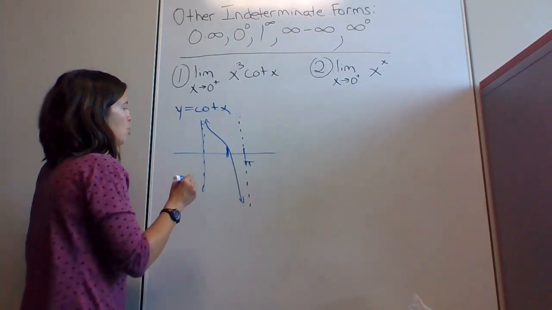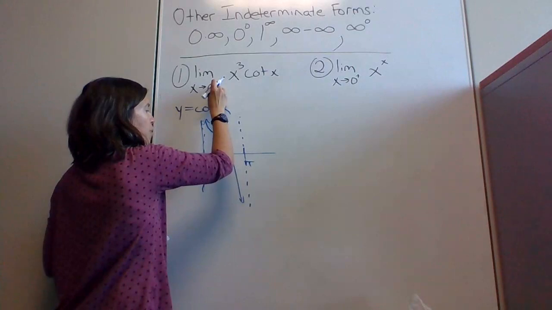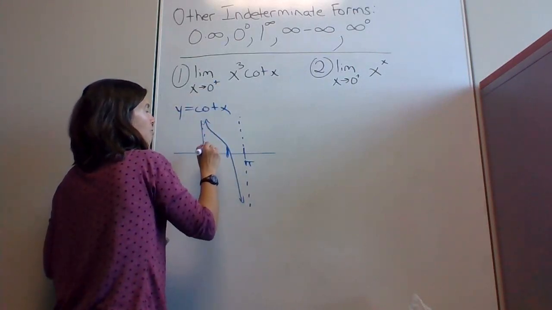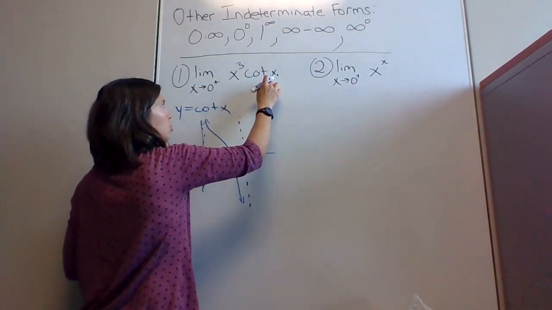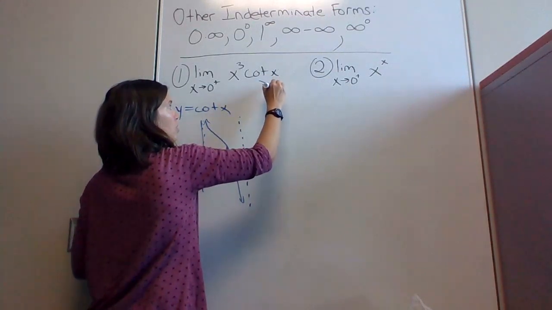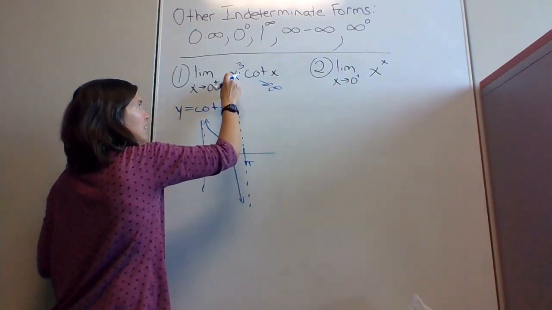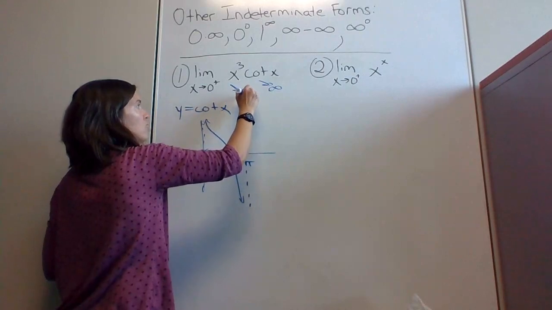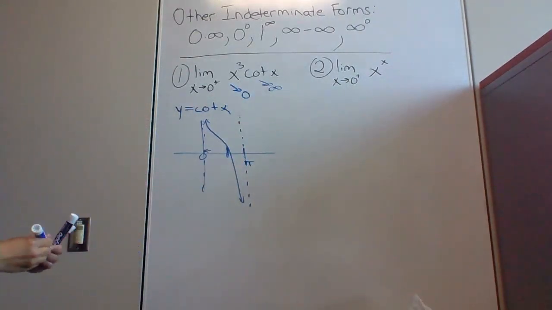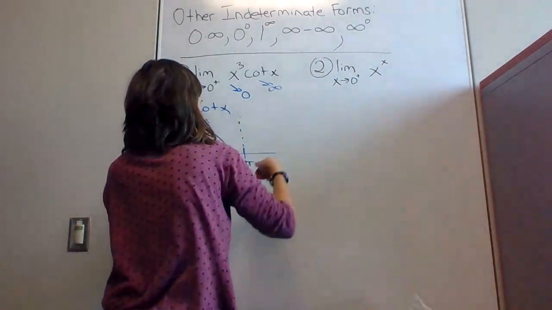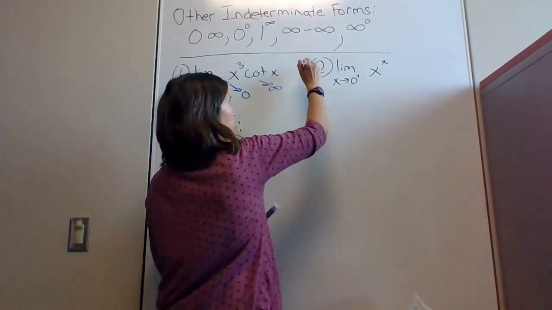As x approaches 0 from the right, the value of cotangent of x approaches infinity. So this piece is approaching infinity times this piece approaching 0. So we've got the 0 times infinity situation. I'm going to save this example for later, so I'm going to box number 2 out here.